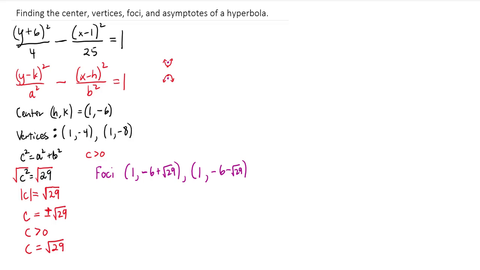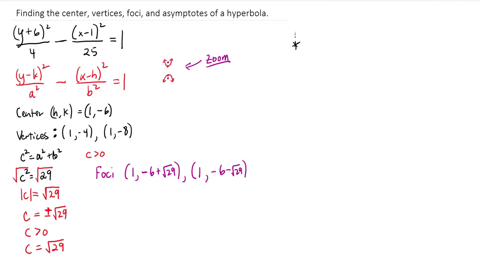The only thing left to find are the asymptotes. Let's try to zoom in to this a little bit more. What I mean by that is, let's try to draw the little rectangular box from our center. Usually I draw the center with an asterisk. Now, our little rectangular box has to be up 2 and then right 5.